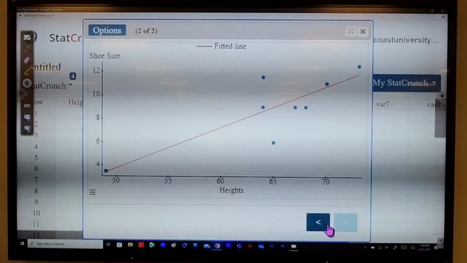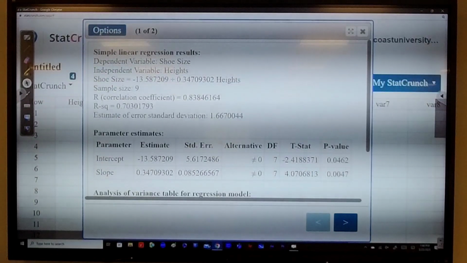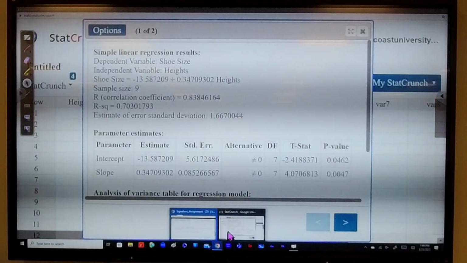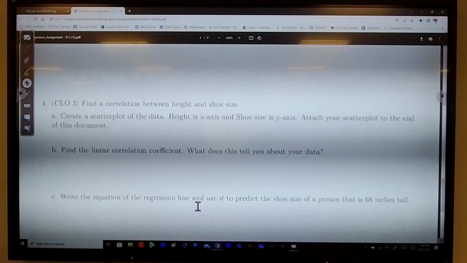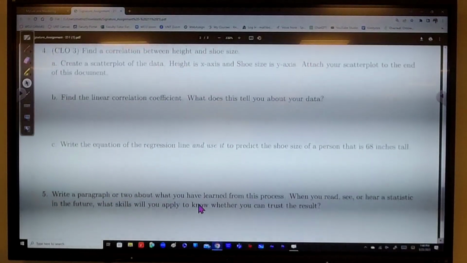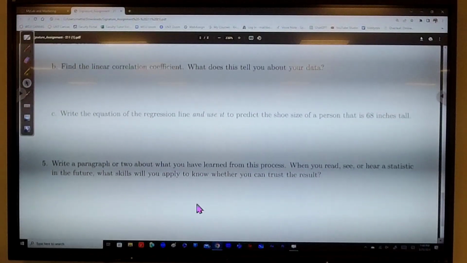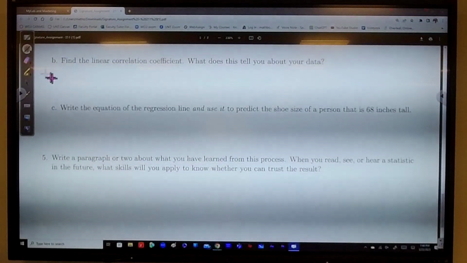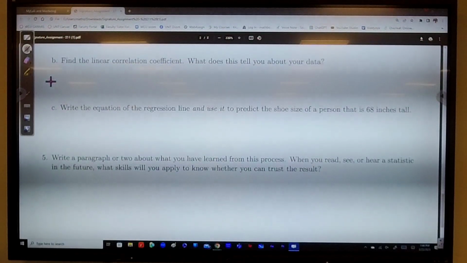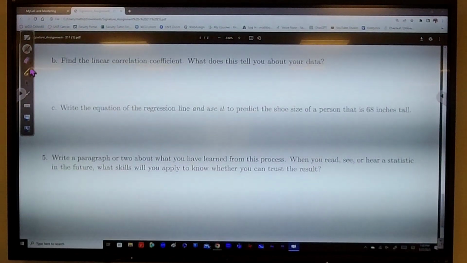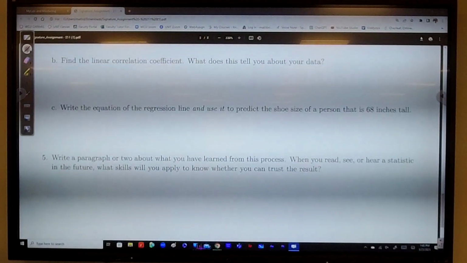Super. And then back here on page 1 has all the rest of the stuff that I would need to discuss, because now they ask me to find the linear correlation coefficient. And what does this tell you about your data?